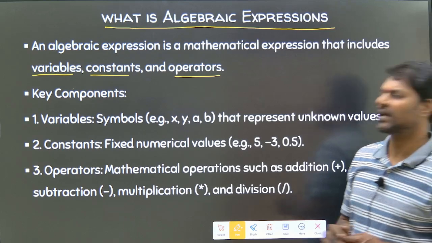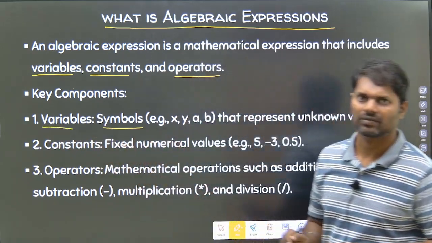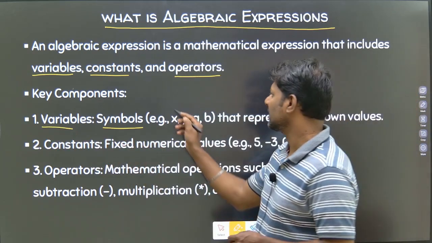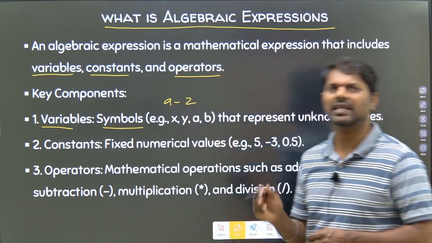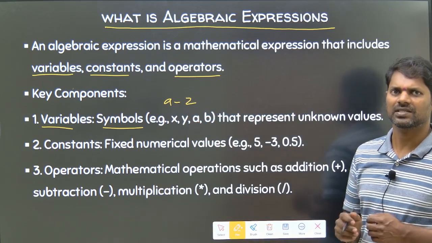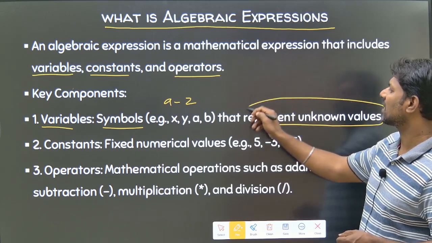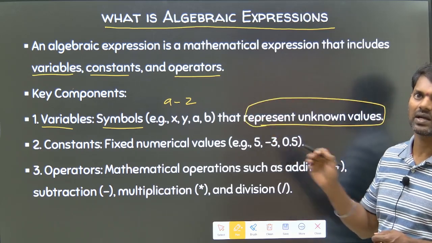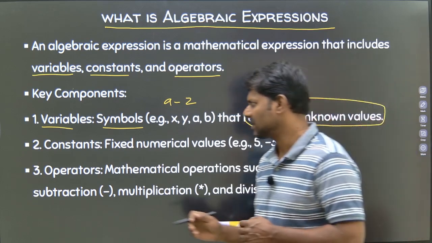What is meant by variable? Variables are nothing but symbols. Symbols means alphabets A to Z, any alphabet. These are called variables because their values are not known. That's why alphabets are used.